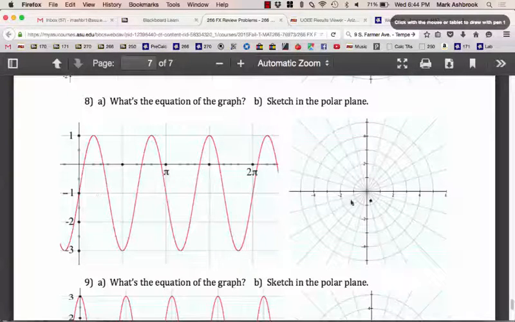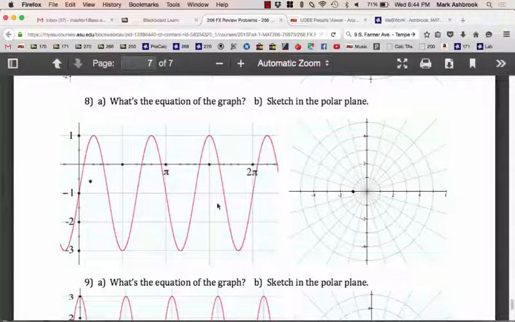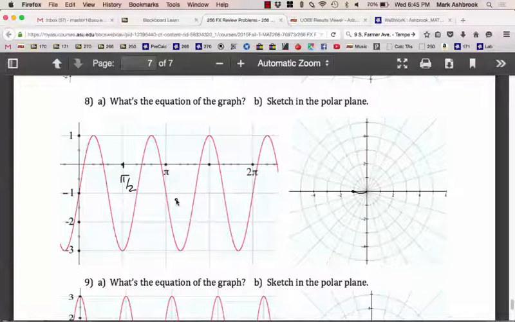Okay, so start at -1. So when theta is 0, you're at -1. And then right away, it's going to get back to 0. So really fast, it's going to get to 0. And then this is pi over 2. This is too hard, don't worry about this.